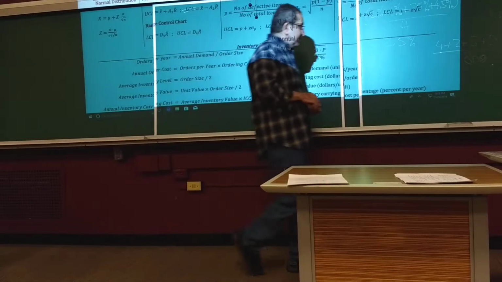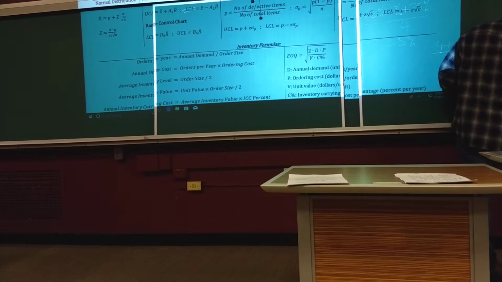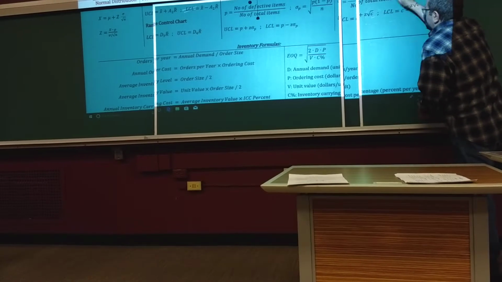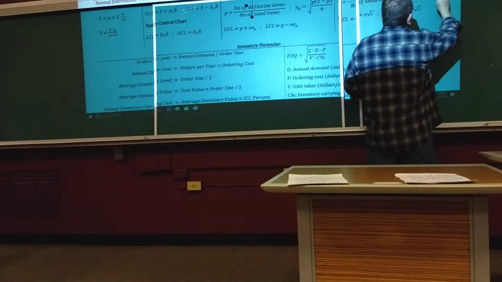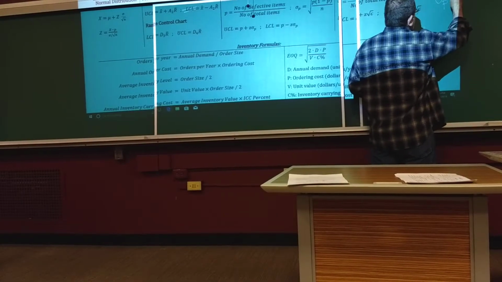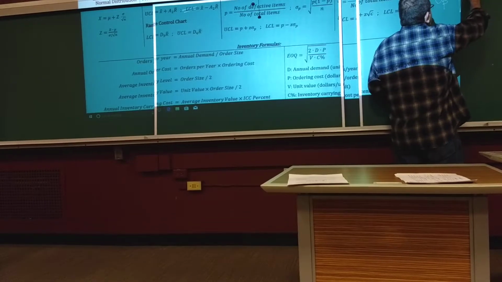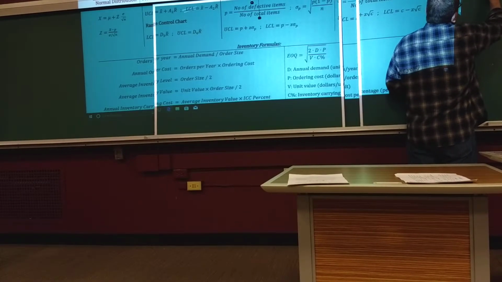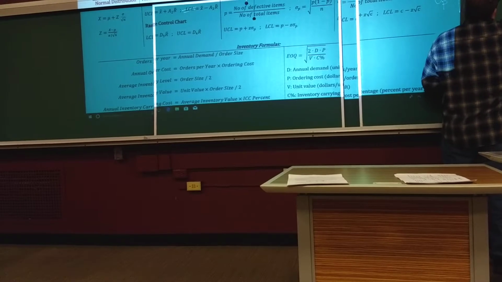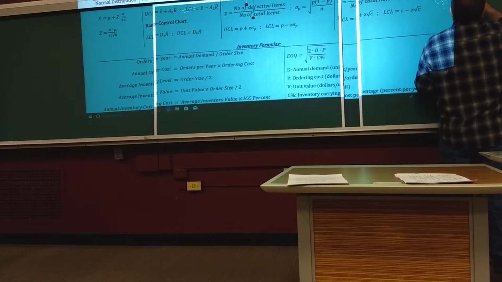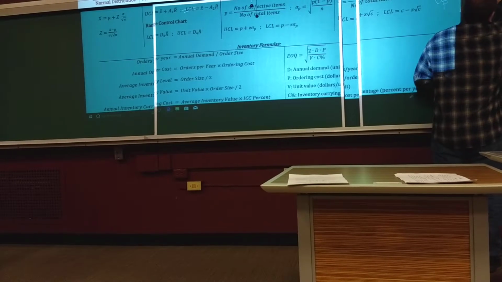So let's do that here. Sigma sub P equals 0.025 times 1 minus 0.025 divided by 200.